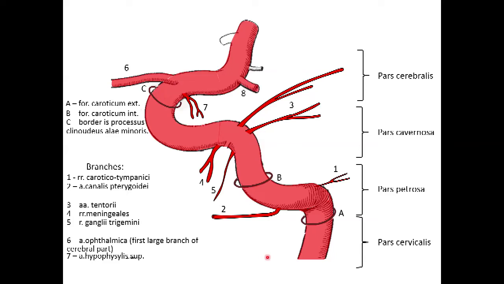And now we use designation number 8. Here it is. Number 8 is arteria communicans posterior.